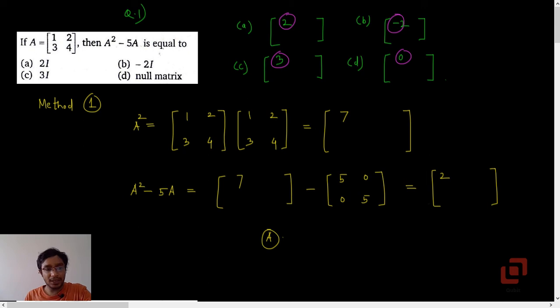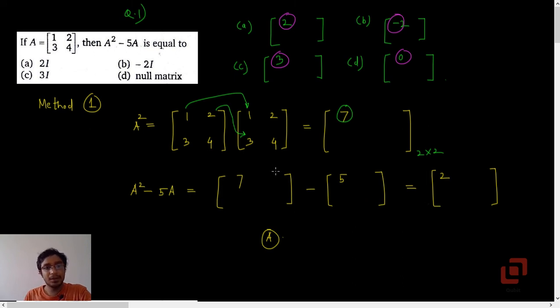So what I have done is I have found A squared, but not the entire matrix. You can say I have found 25% of the matrix, because out of the 4 entries only 1 entry is sufficient. That is 1 into 1, 1, plus 2 into 3, 6, so 7. Now let's go to 5A, that is A squared minus 5A.